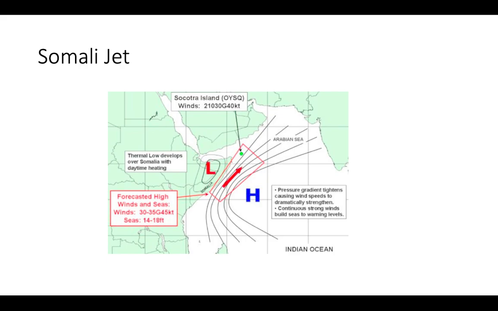Now this Somali jet is not a permanent jet, it is a temporary jet. It forms only when TEJ starts. जब तक TEJ नहीं बनेगा तब तक Somali jet नहीं बनेगा. So both are related, the Somali jet is dependent upon the TEJ.